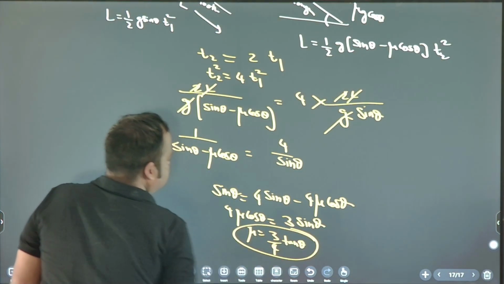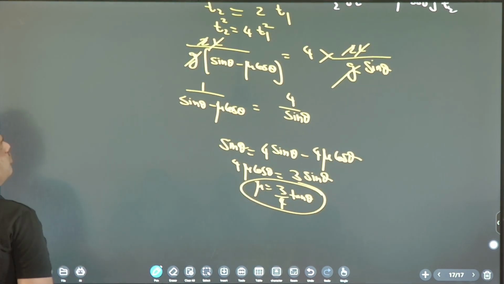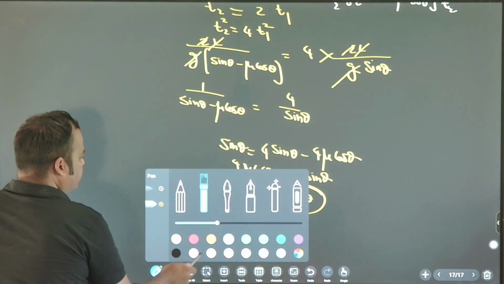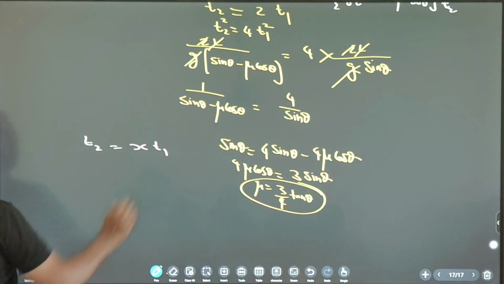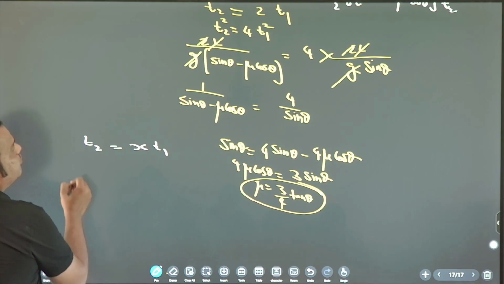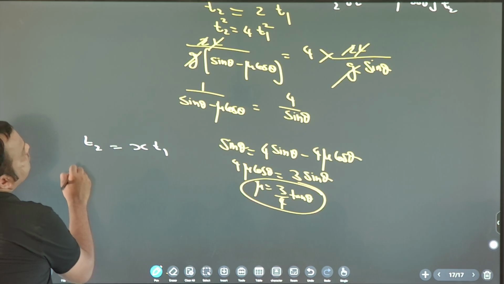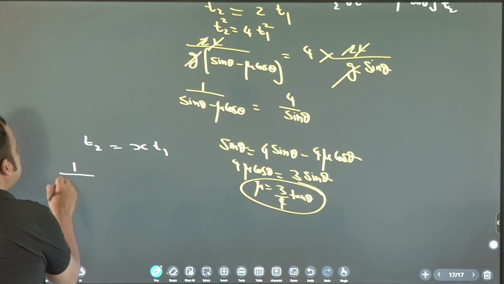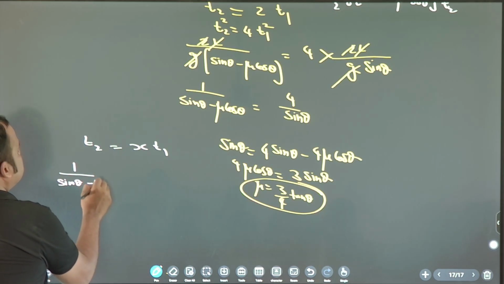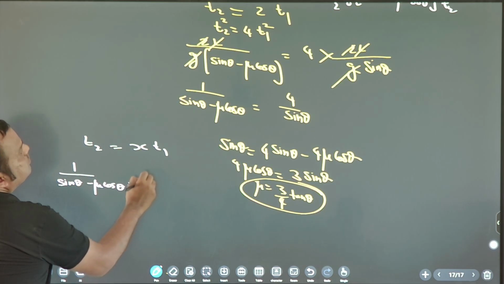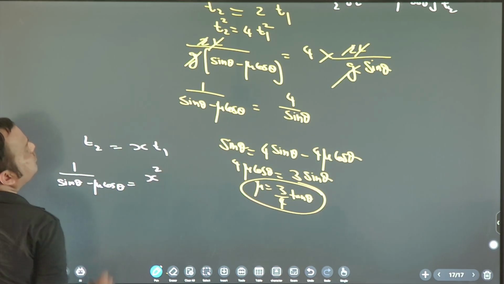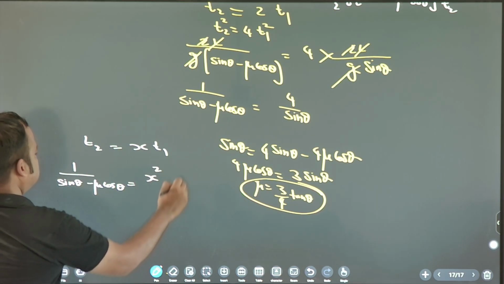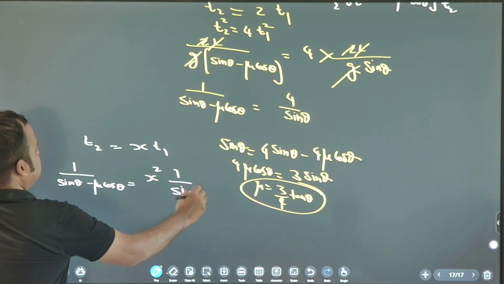Okay, remember this. We can make one formula also. You can note down one formula in formula diary. If T2 is x times T1, then how will you make the formula? 1 by sin theta minus mu cos theta is equal to x square times 1 by sin theta.